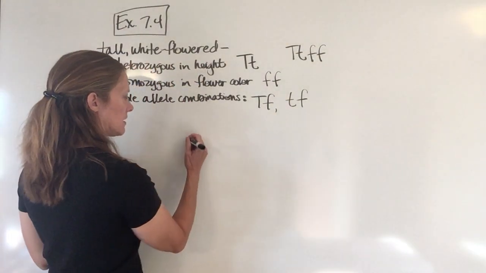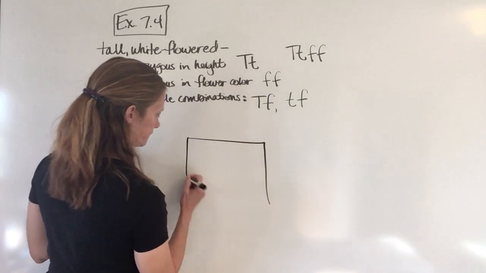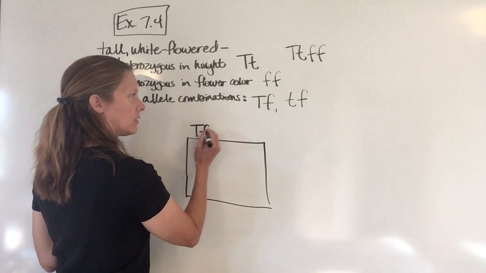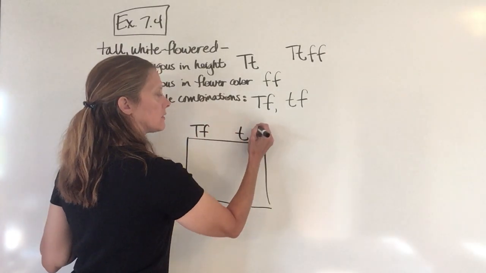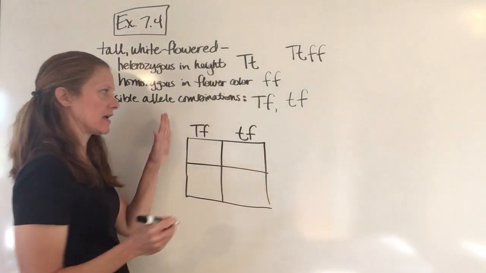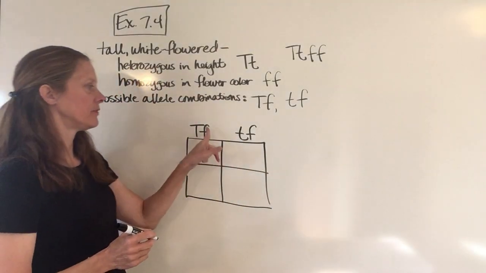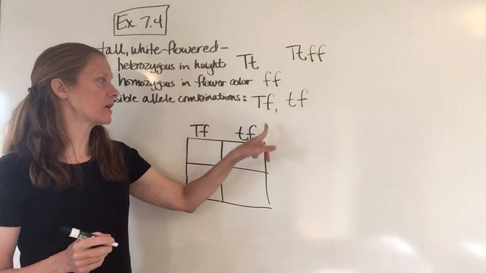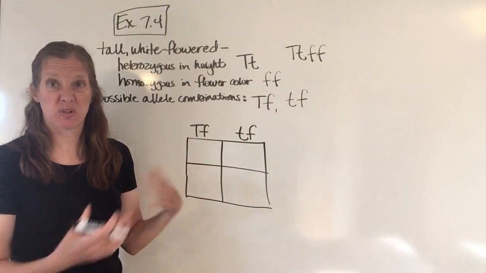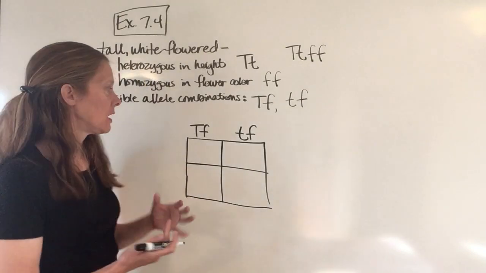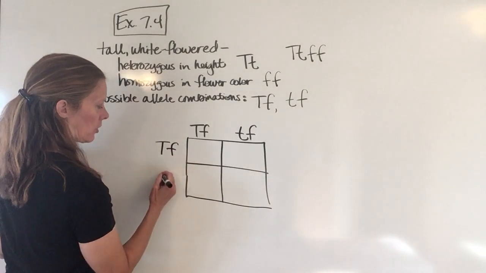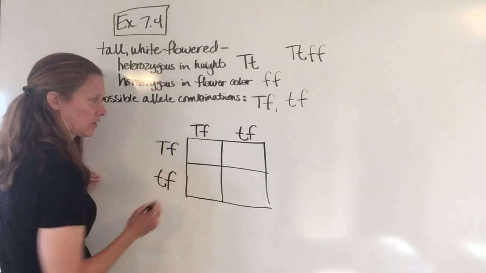So the plant initially can give me either a capital T little f or a little t little f. So that's like saying the mom can give me this combination, or she can give me this combination. The dad, and of course we're self-pollinating, so it's the same plant, can give me capital T little f or little t little f.